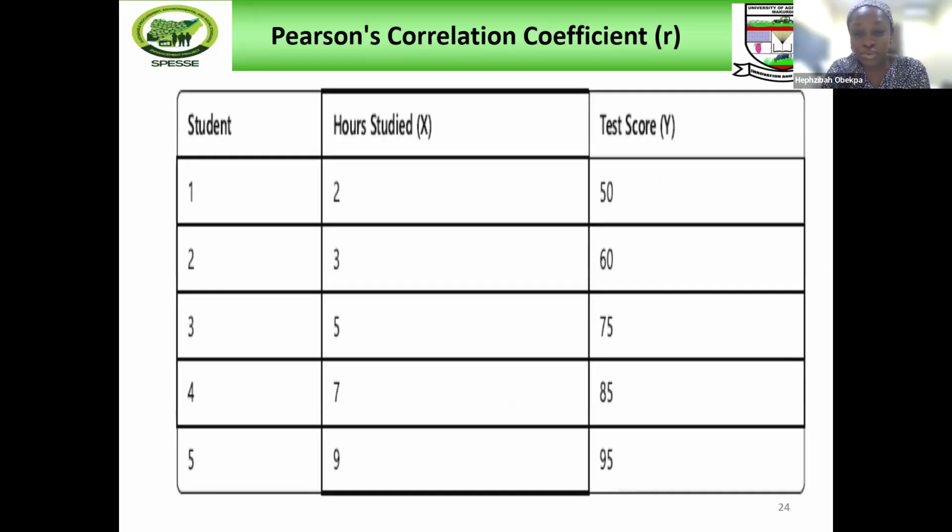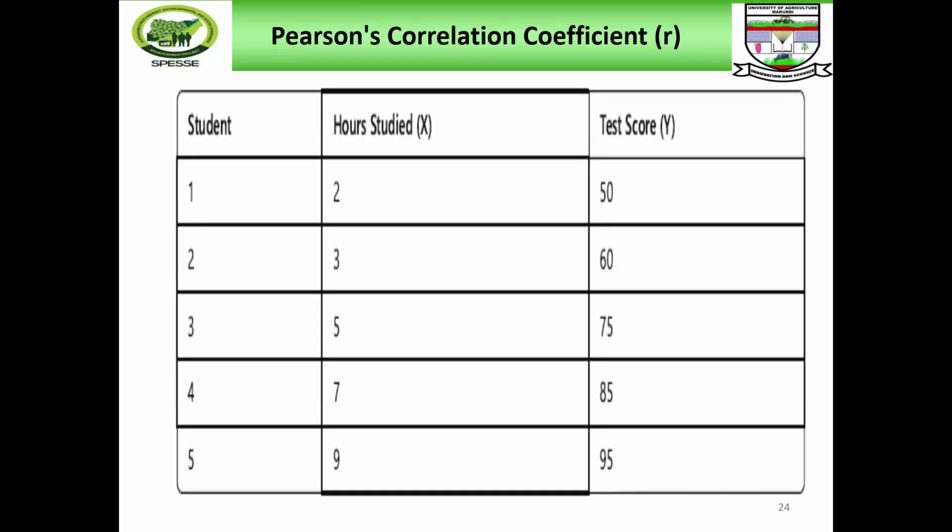If this was regression, we have our X, our Y. Which one is the dependent variable and which one is the independent variable? The X is independent, which is the hours studied. The score is the dependent variable.